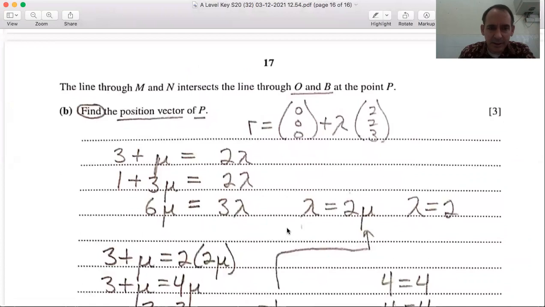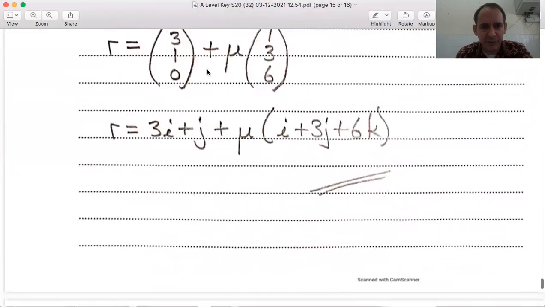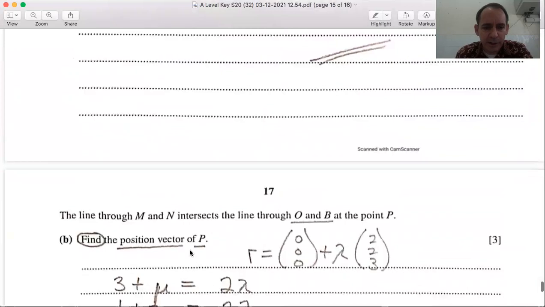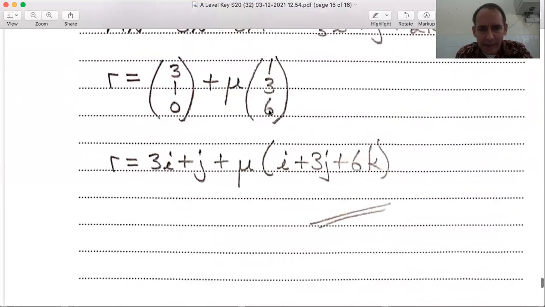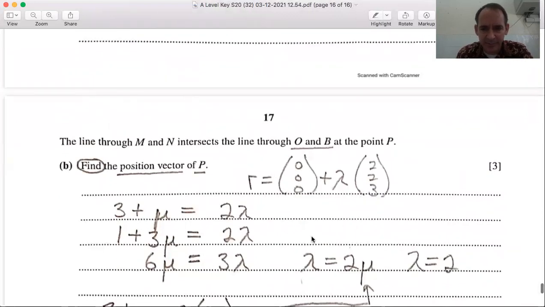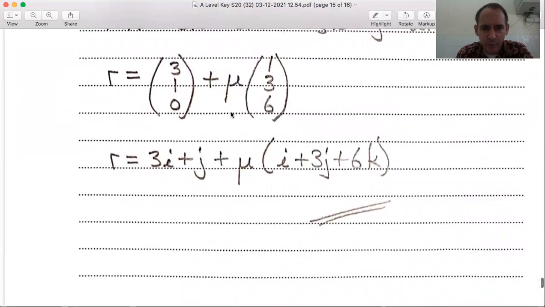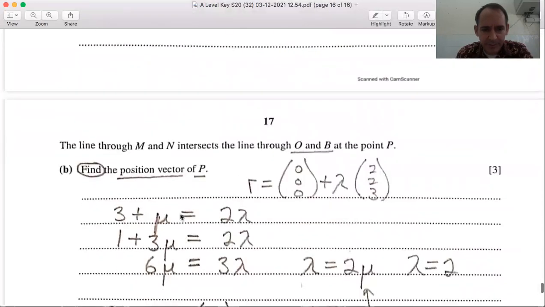And this equation here of line MN is what we just found right here. So we're going to put the x, y, and z of this one set equal to the x, y, z of this OB one. So here is 3 plus 1 mu, 3 plus mu equals 2 lambda.